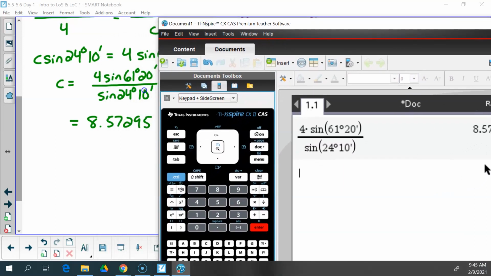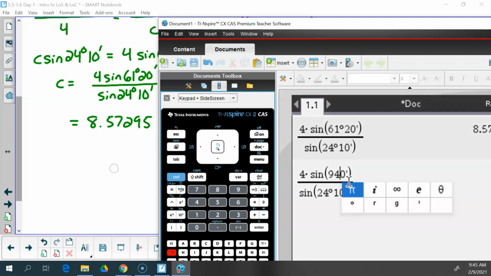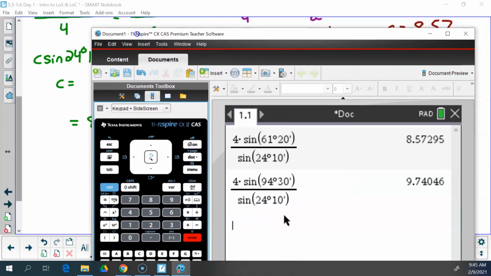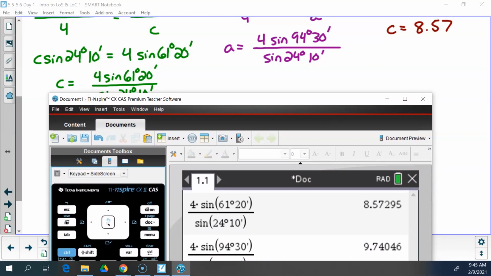So we can bring that back, and the only thing that's going to change is 94 30. 9.74046.